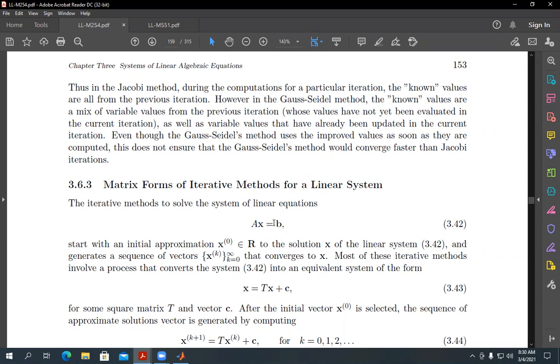I told you, the absolute value of G dash is less than 1. Then we say the method converges. The same type of condition we also need here in the case of the Jacobi and the Gauss-Seidel methods. So the first thing we have to do here is find the Jacobi formula and the Gauss-Seidel formula in the matrix form.